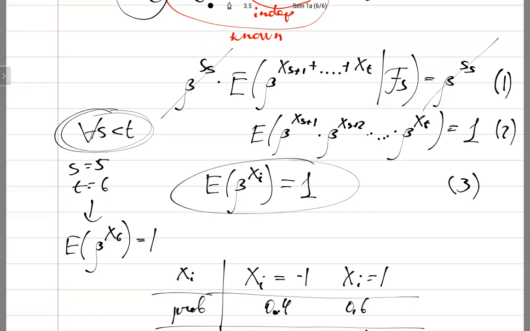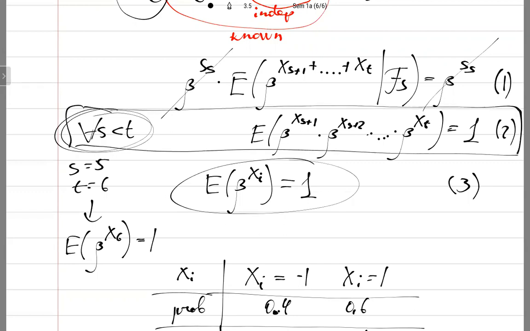If the second is clear, what are the quantifiers here? The second should be satisfied for any t, for any future t, and for any s. And let's take s that is t minus 1. So it will be only one random variable there.